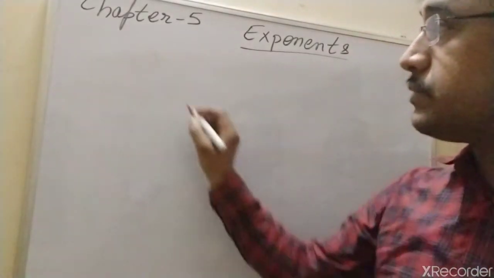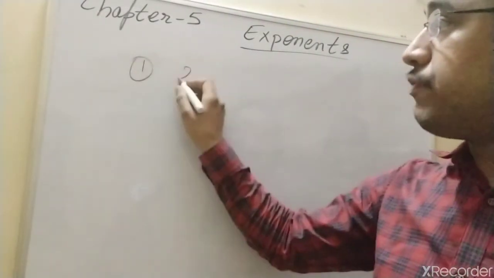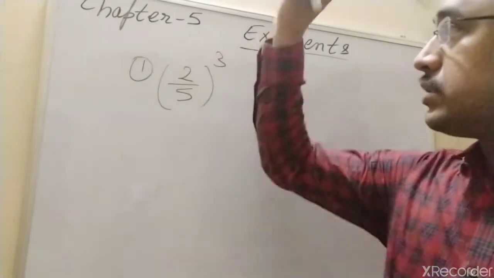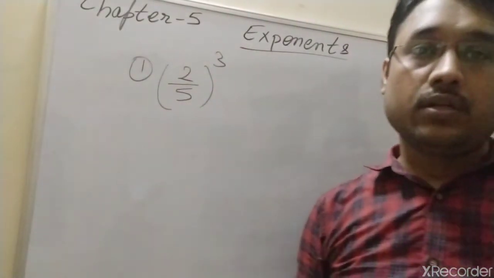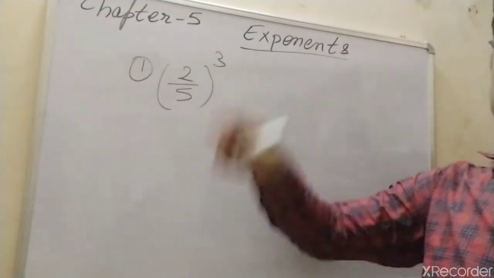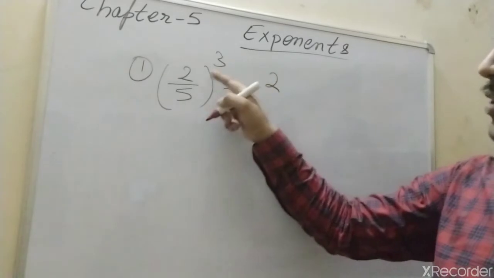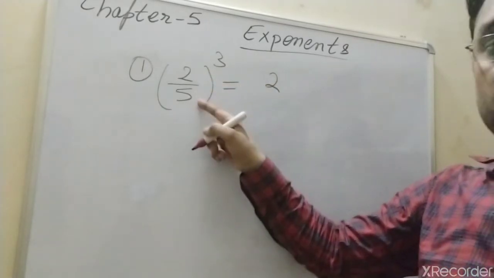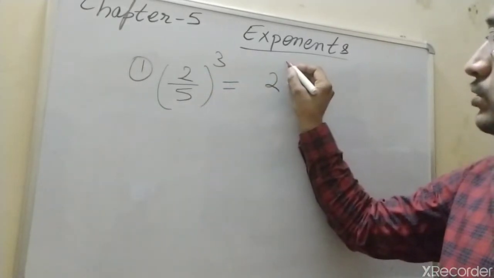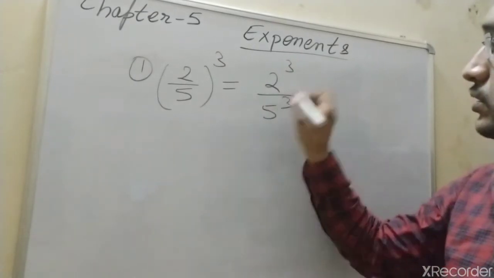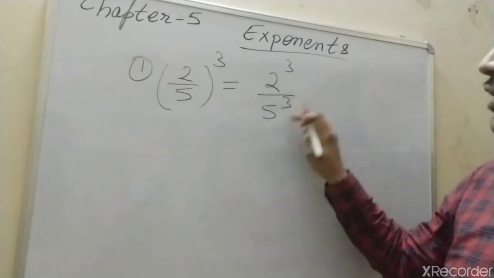So if the number you have got is 2 by 5 to the power 3 here, you have to convert it into a rational number. So first you will take this power 3 on numerator and denominator both. That is 2 to the power 3 by 5 to the power 3.